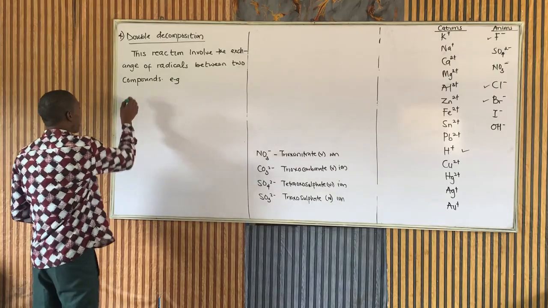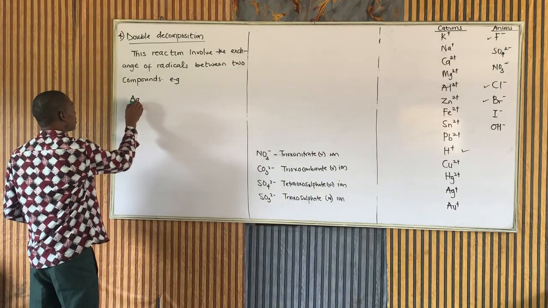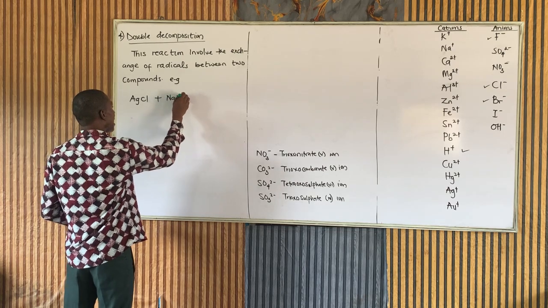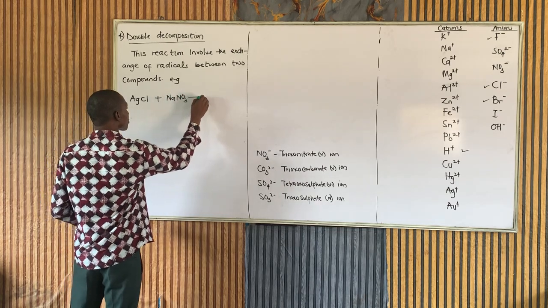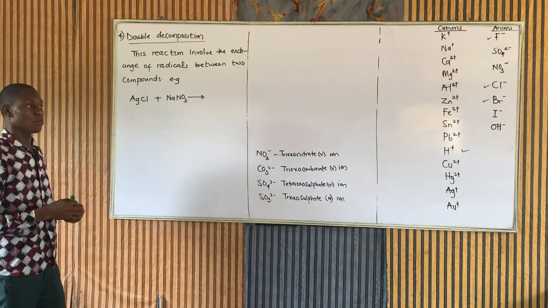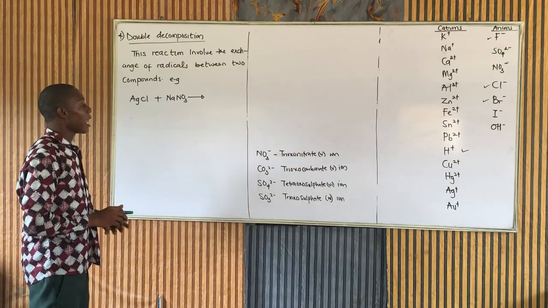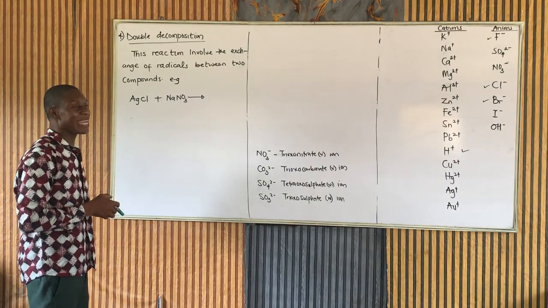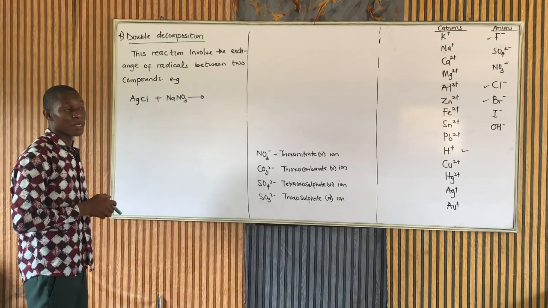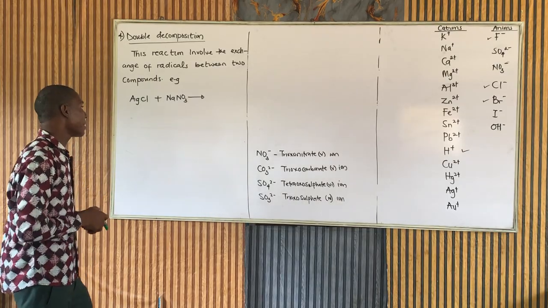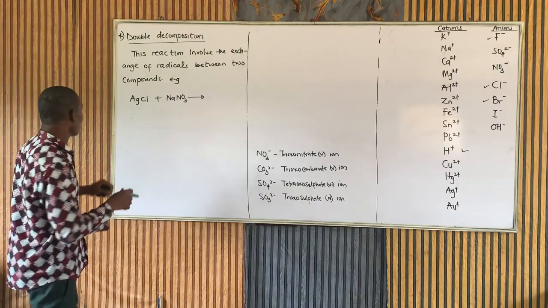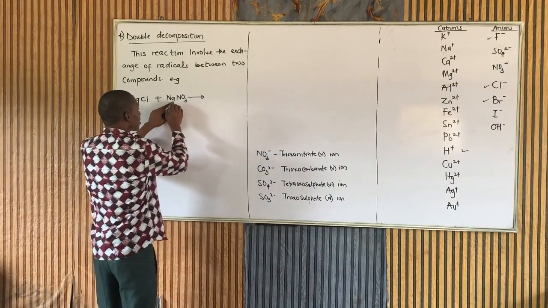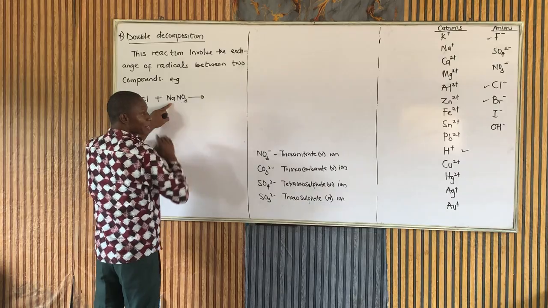Let's say for instance we have AgCl plus NaNO3 here. What happens here? Well, what will happen here is the exchange of radicals. What do I mean by that? You see, silver has its own radical, which is the chlorine, and sodium has its own radical, which is NO3.